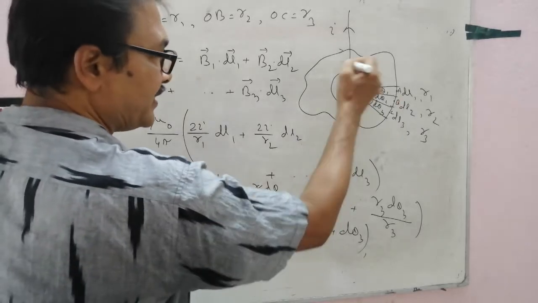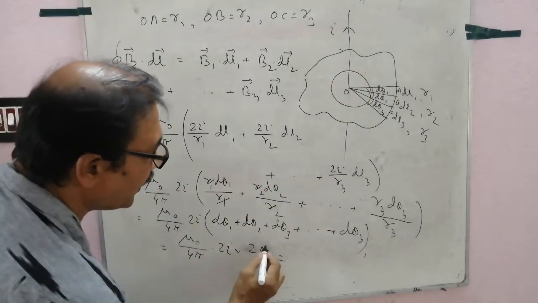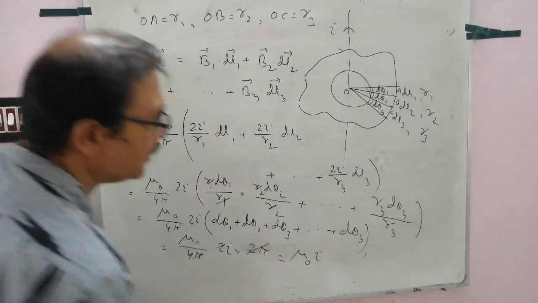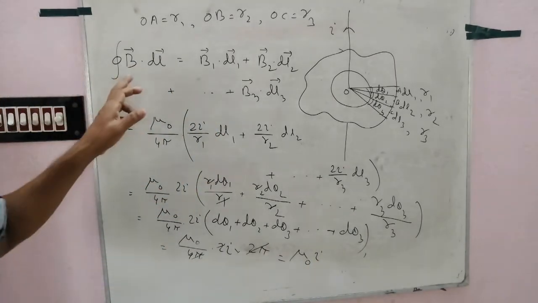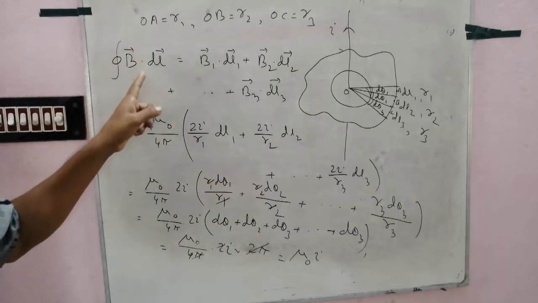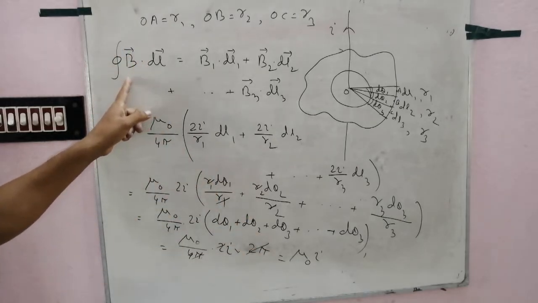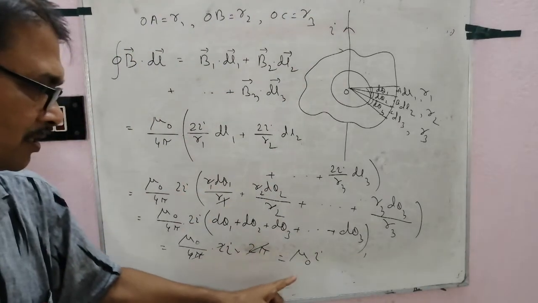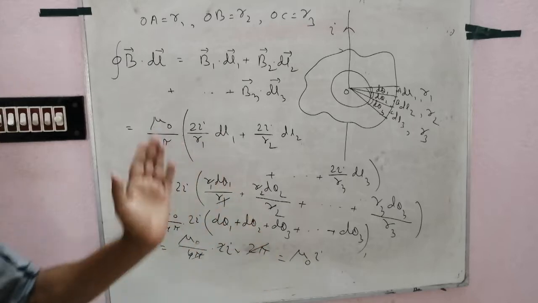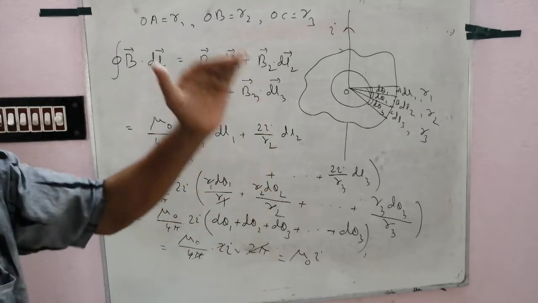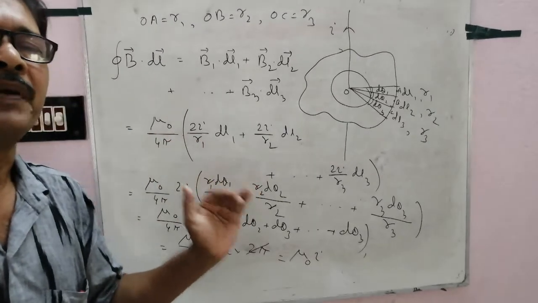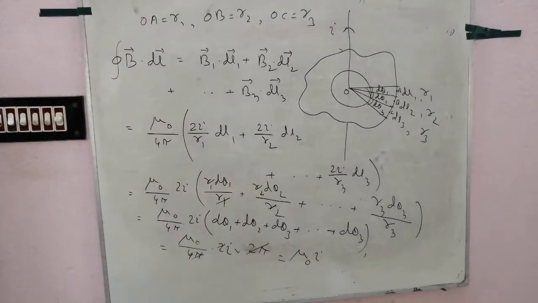Total angle 360 degrees, 2 pi. After that we get mu 0 I. That is the Ampere circuital law. B dot dl: the line integral of the magnetic field vector around a closed path is mu 0 times the current in amperes enclosed by that closed path, where mu 0 is the permeability of free space or vacuum. Clear? It is the proof of Ampere circuital law.